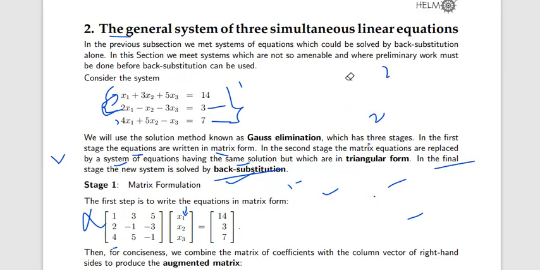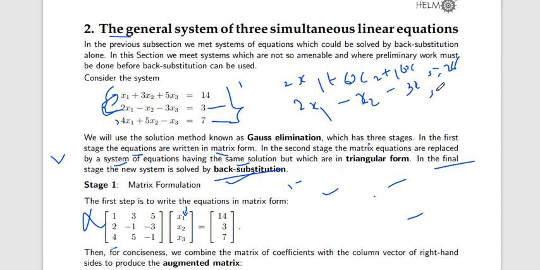Second equation, we multiply the first equation. 2x1 plus 6x2 plus 10x3 is equal to 28, and the second equation, same to same, 2x1 minus x2 minus 3x3 is equal to 3.